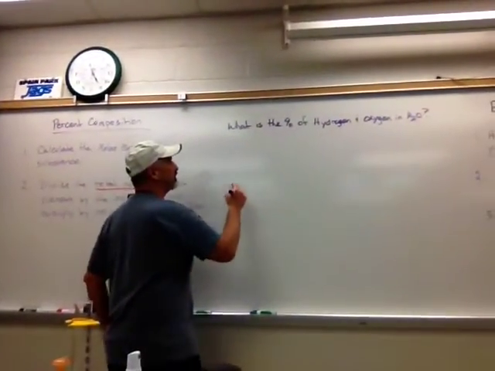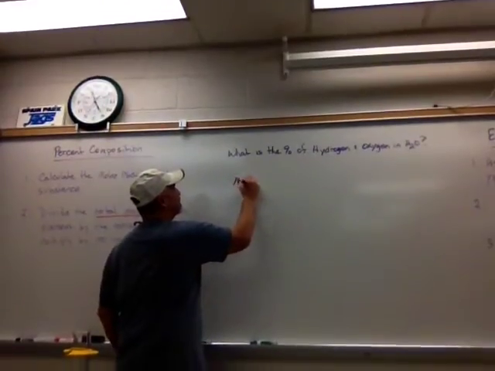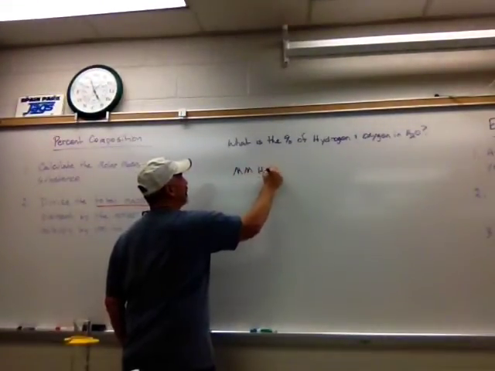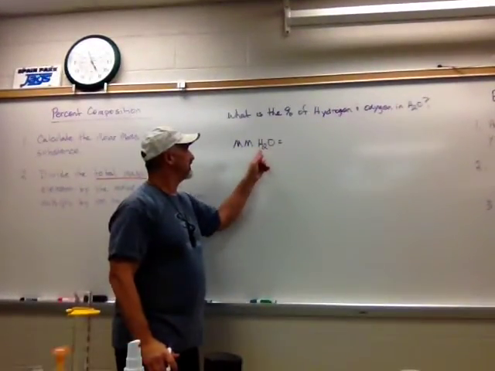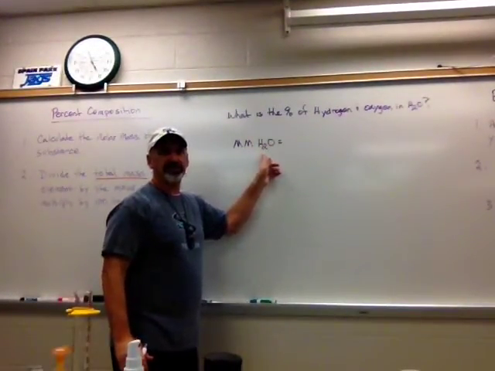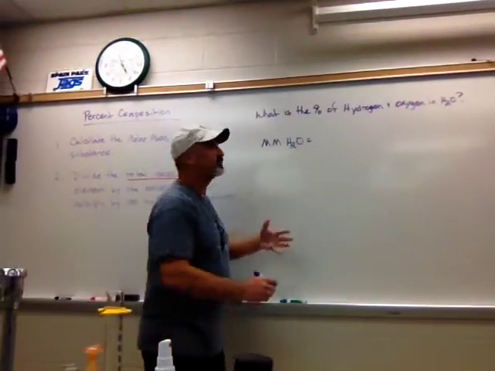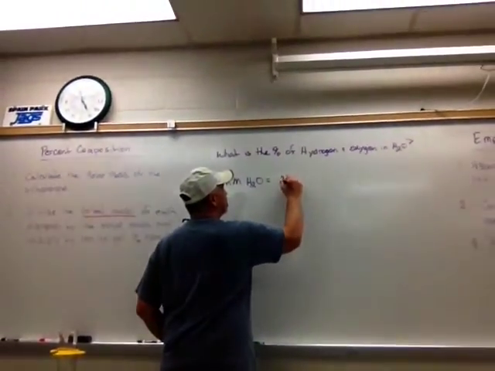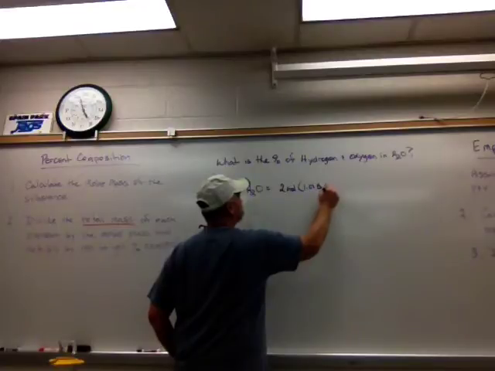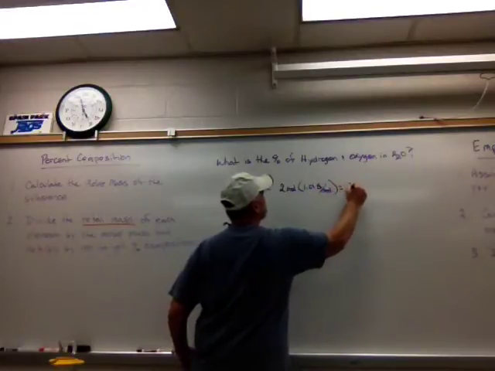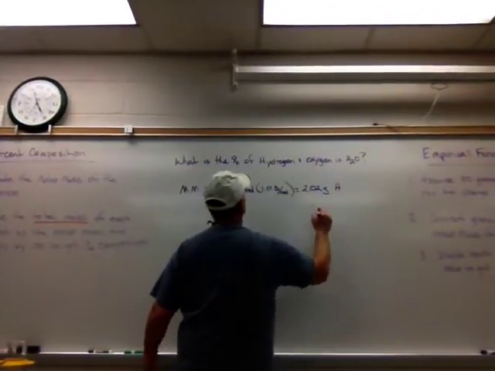The first thing we have to do is calculate the molar mass. This is a review from the past. We get the molar mass of water. Hopefully you remember how to do this. You look on the periodic table at the red number, the atomic mass of hydrogen, and you see that it's 1.01. We have two of them, so it's 2 moles times 1.01 grams for every mole, and that's going to equal 2.02 grams of hydrogen.